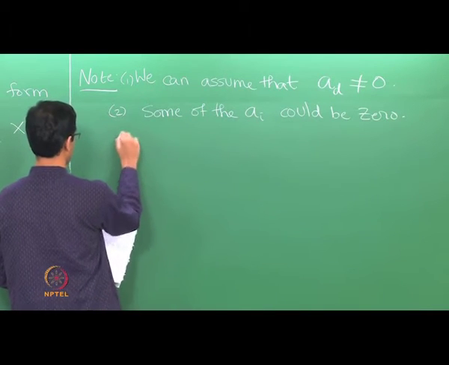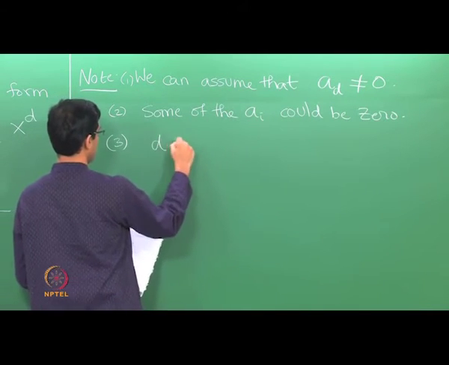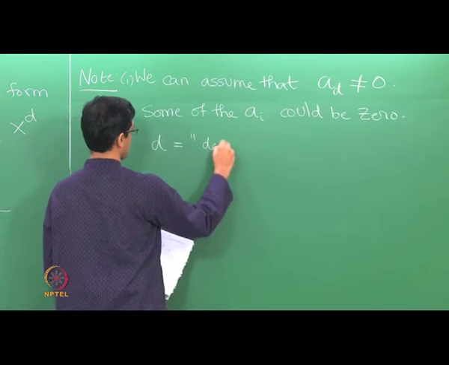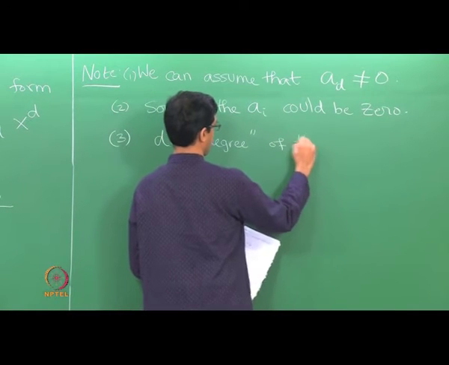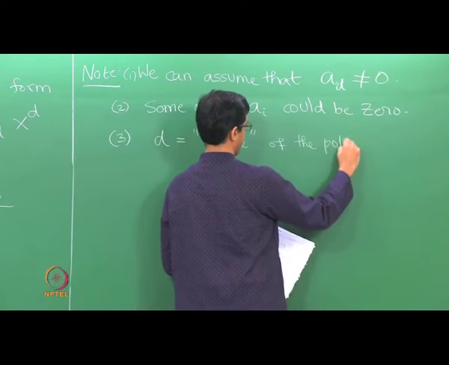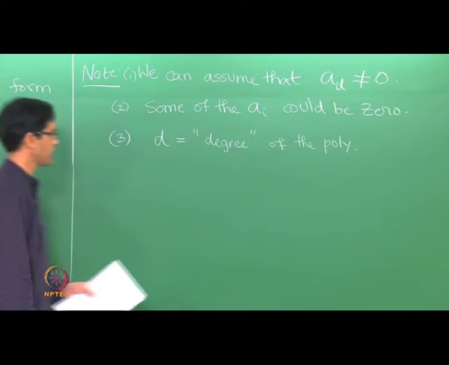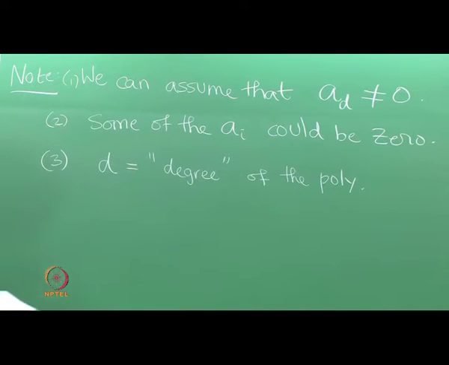And I just wanted to say the terminology: d is what is called the degree of this polynomial. It is the largest power of x which appears.